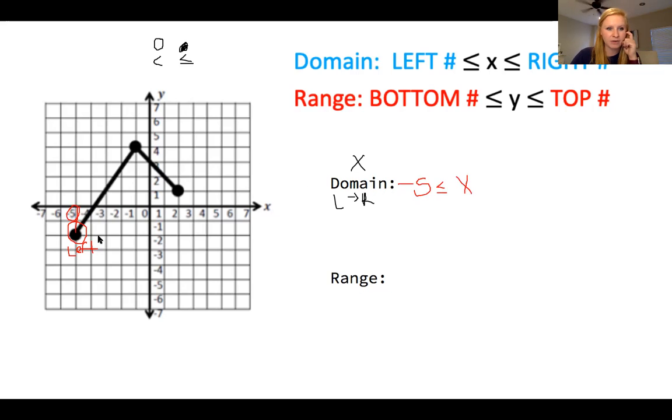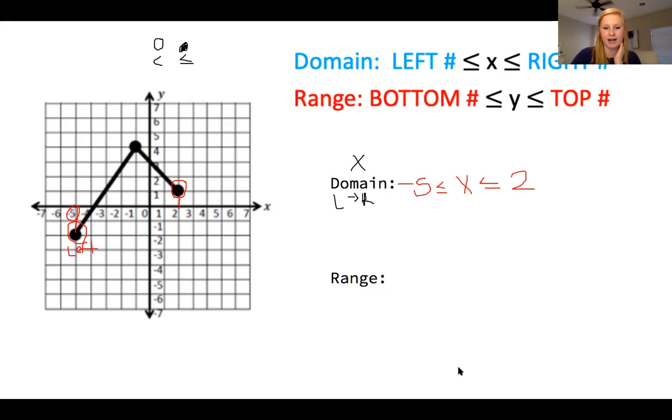Then I'm going to go find my furthest point to the right, which in this case is not here and not here. It's actually right here at 2, and that is also a filled in point. So we're going to say less than or equal to 2. Okay, now the way I would say this is my x values are greater than or equal to -5, but less than or equal to 2.